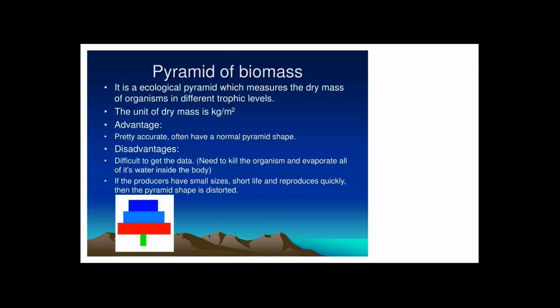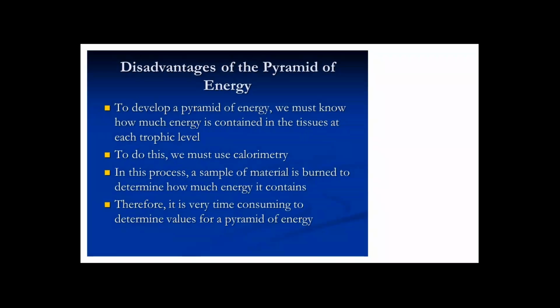So instead of pyramids of energy, we can have pyramids of biomass. It is an ecological pyramid which measures the dry mass of organisms in different trophic levels. And the unit of dry mass will be measured in kilograms per meter squared, just as for the pyramids of energy, it will be calories or joules per meter squared.